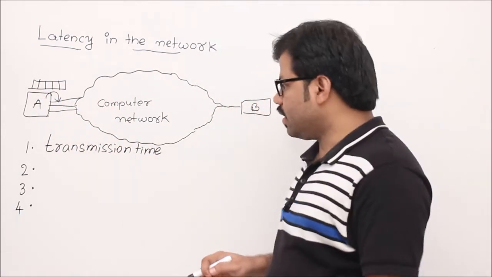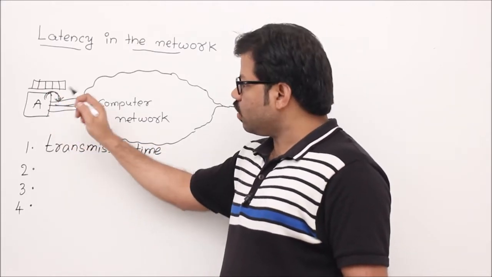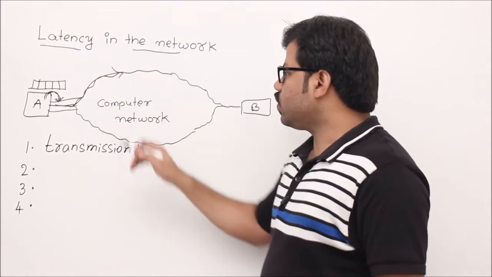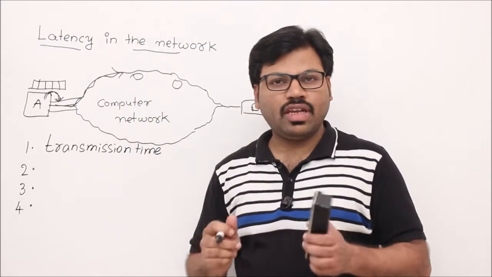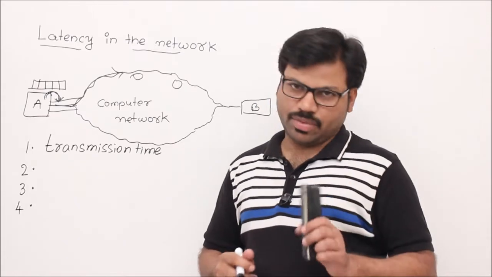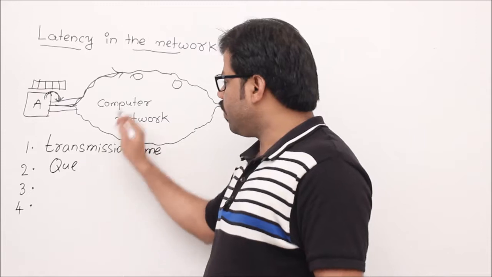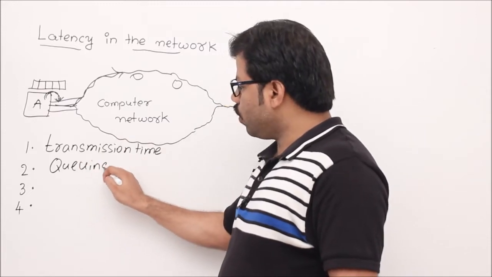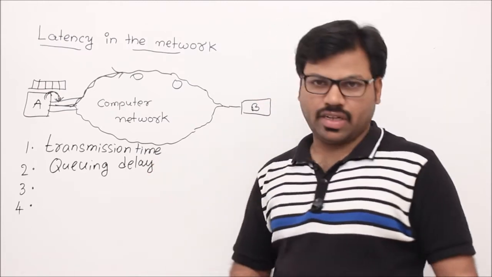Second thing, once you transmit this packet, it starts going through the network. A computer network will have a lot of computers, and we don't know how many computers are going to stop that message. That is called queuing delay. There will be some computers which stop your message, and then there will be some delay.